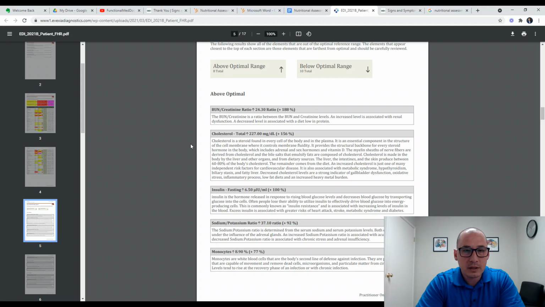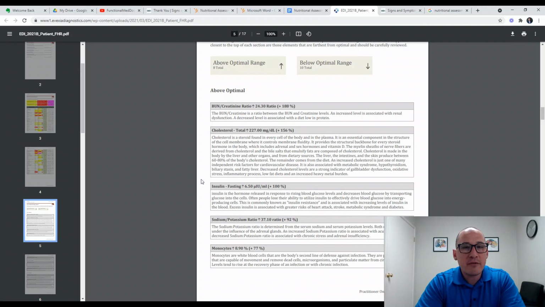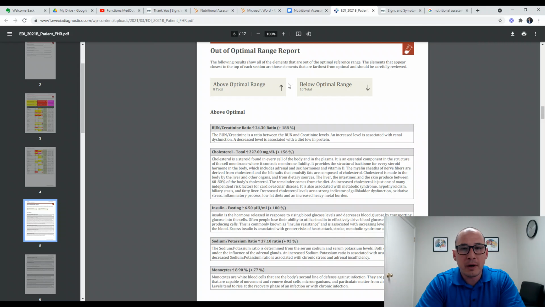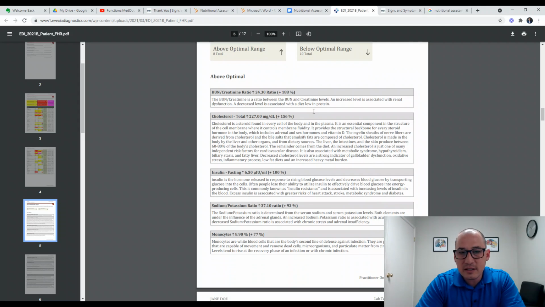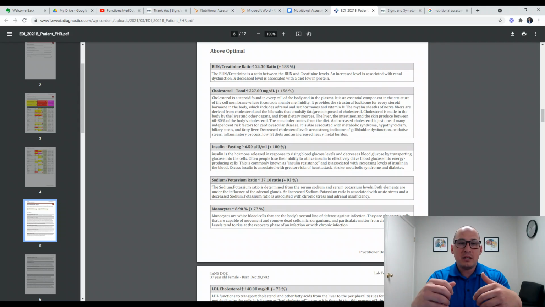Now, down here with this report, everything outside of optimal, above or below, gets listed down, and while it might not be all the answers you're looking for, it's going to give you that textbook explanation of what that test marker might mean, what it could relate to.